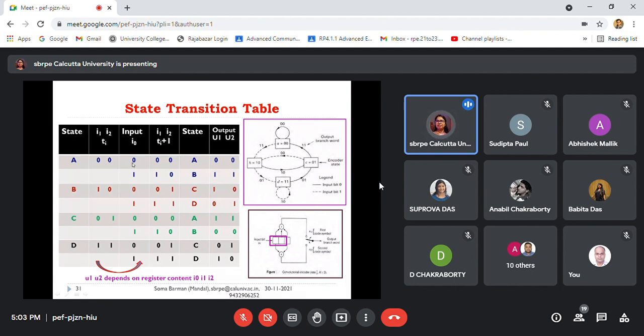What will be the effect? I naught will go to the position of I1 and I1 will go to the position of I2. So it is 0 0, the same state, remaining in the same state. That is shown in the state diagram by the solid line, the self loop. So what will be the output branch for this case? Because output depends on the current input and this memory.